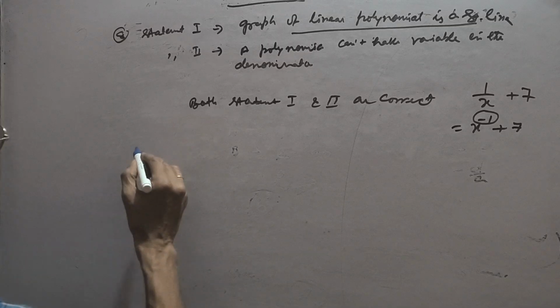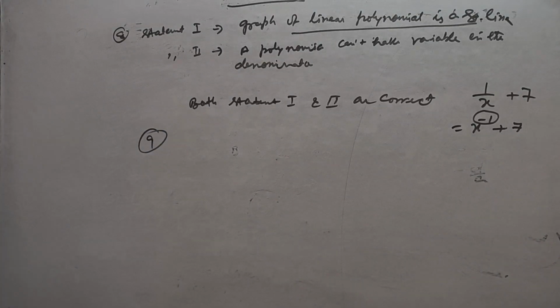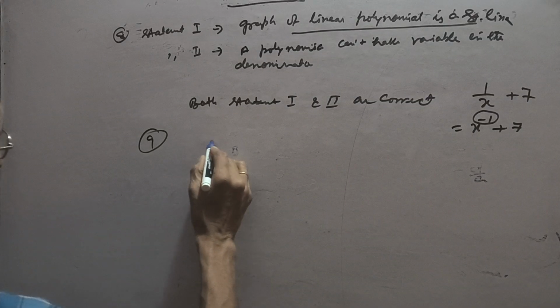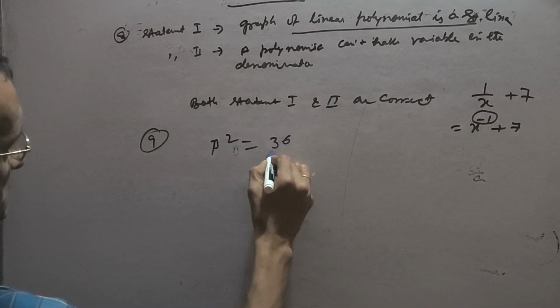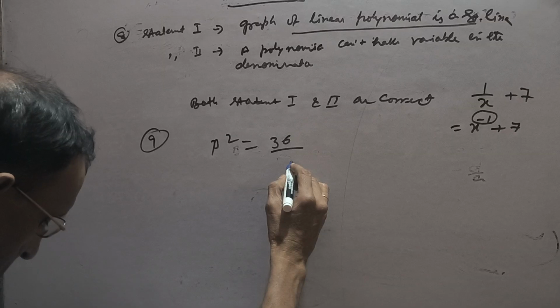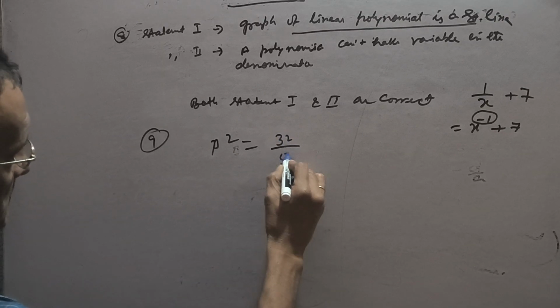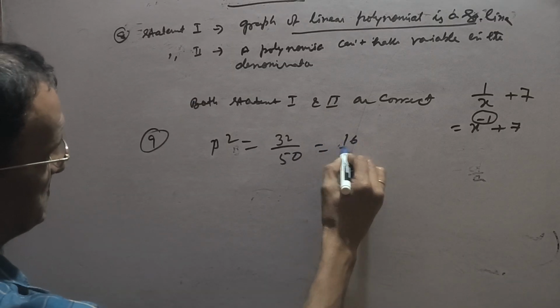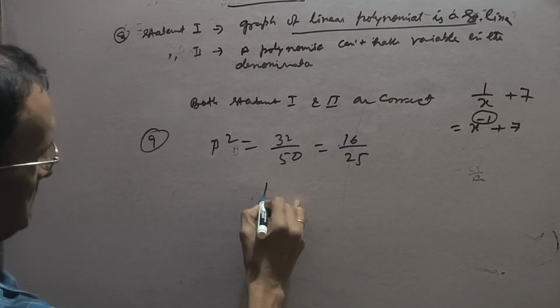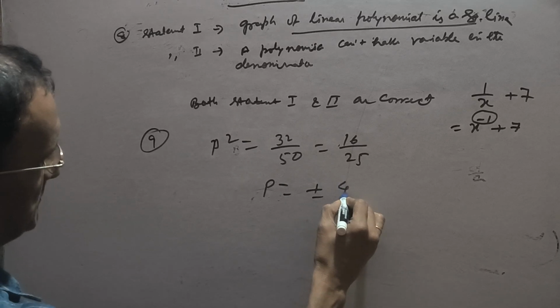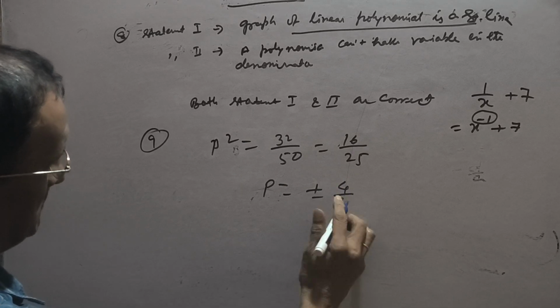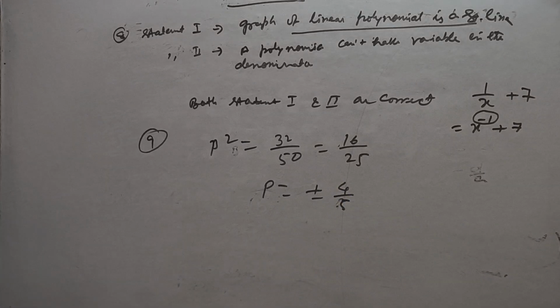Now number 9. What is given? P square is 32 by 50, which can easily be 16 by 25. What is P equal to? Plus minus 4 by 5. What is this?